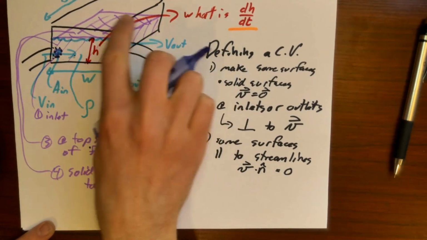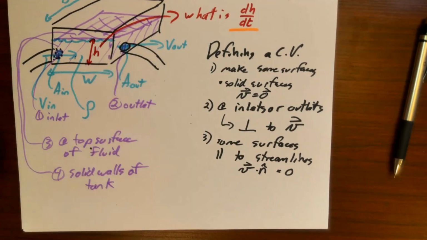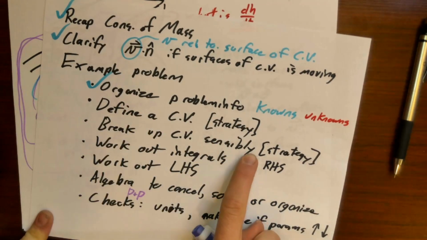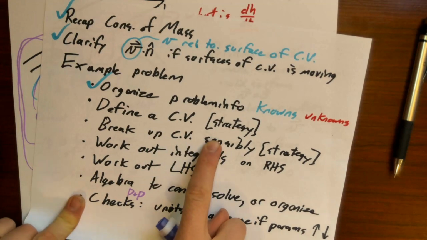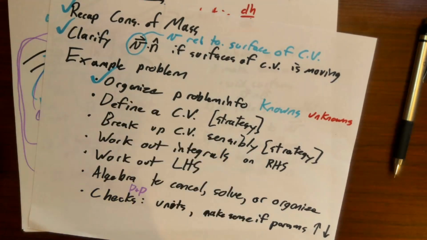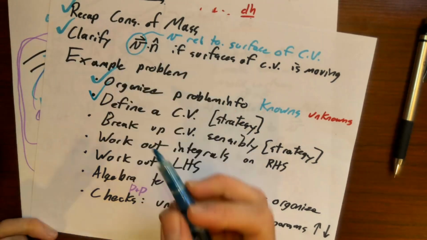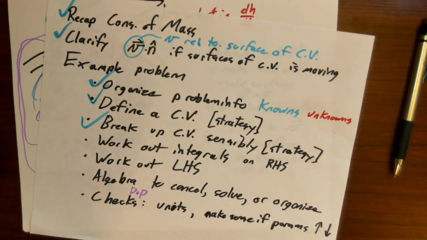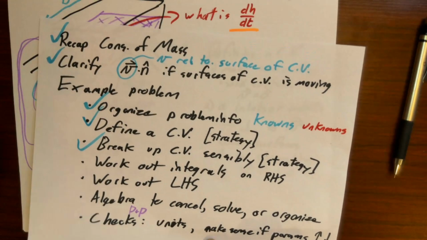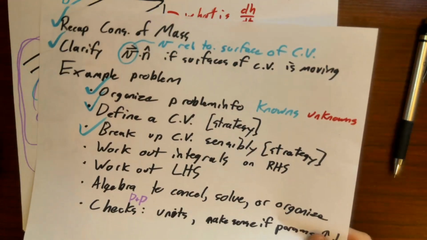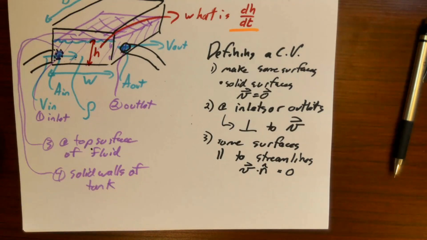So I'm defining my control surface, and in this case, I'm defining it and breaking up my control volume sensibly into 2 parts. I'm doing both of these at the same time: defining my control volume and simultaneously breaking it up in a way that's sensible. And it'll make sense in just a moment why I might want to break up my control volume into a couple of pieces.